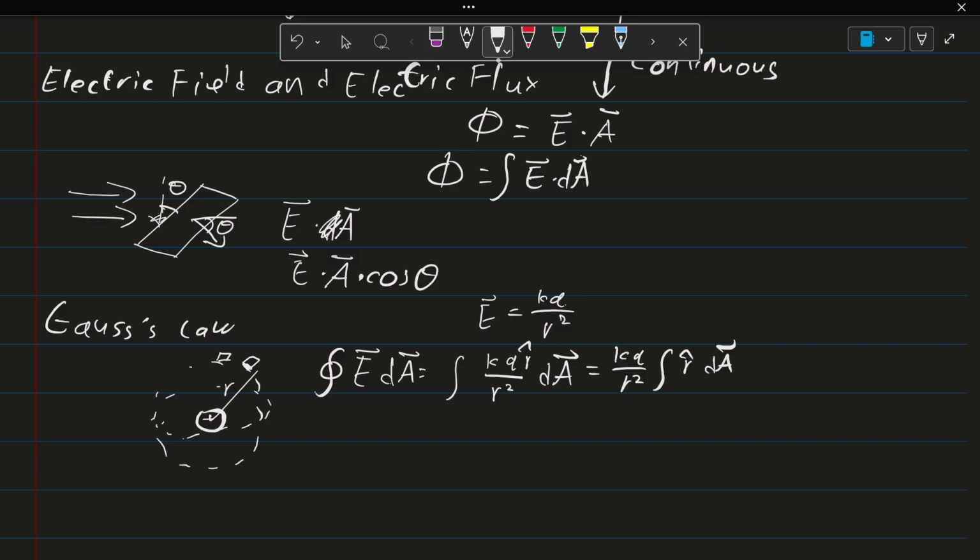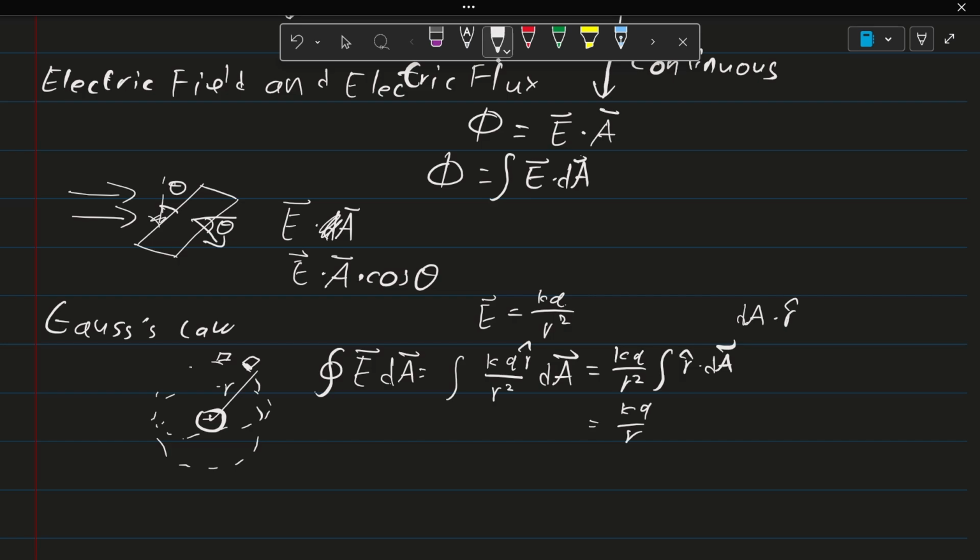Another thing to discuss is that the dA vector dot the r hat is pretty much the area. So the dA vector itself is basically dA times r hat as well. So r hat times r hat is 1, so you could just cancel those out.